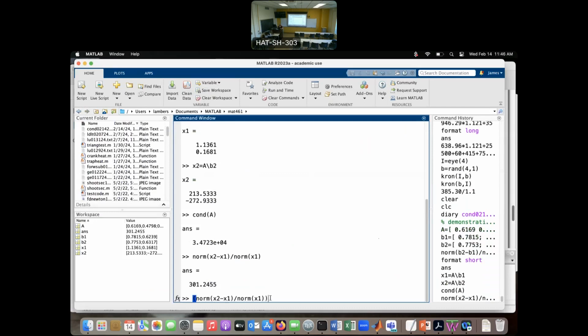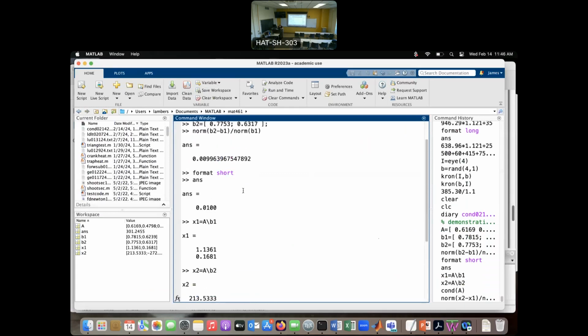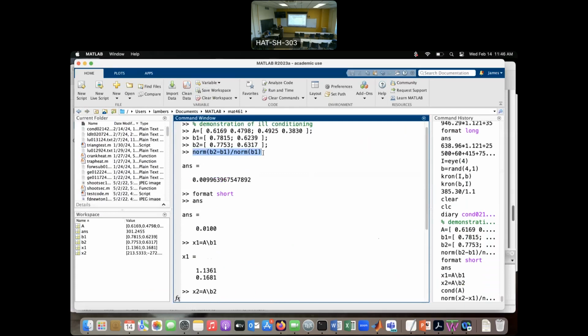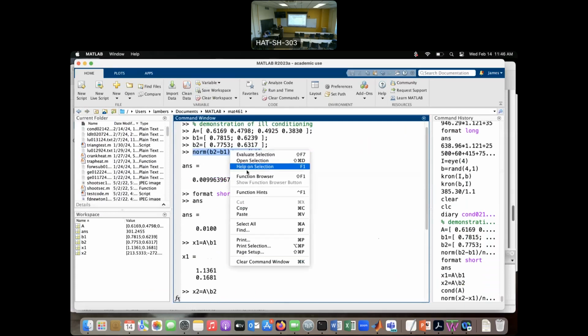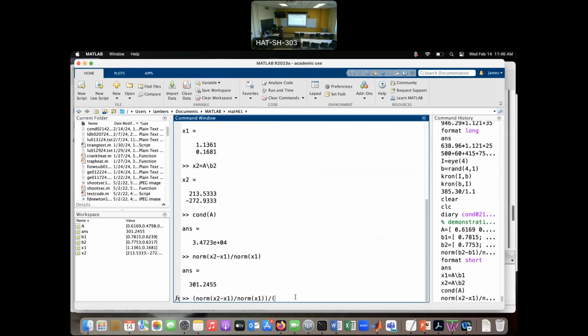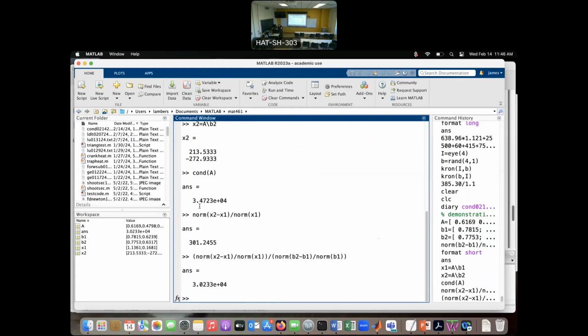This is the relative forward error, and I can divide it by the relative difference in the right-hand side vector. So you can think of that as the relative backward error. A ratio of magnitude of forward error to backward error is how a condition number is defined, or it's the maximum possible ratio you can get. And yeah, those are pretty much in the ballpark.